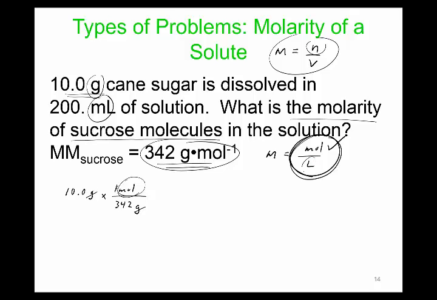So now my goal is to make it say liters on the bottom. So I need to divide by liters. What I'm going to do is inverse the volume, and I'm going to put 1 over. Now the milli to liter. If you use the metric system mnemonic, King Henry died by drinking chocolate milk, this is our most common conversion.